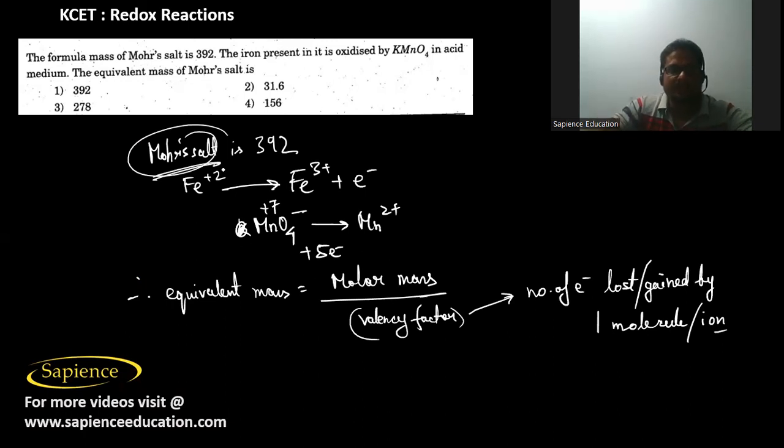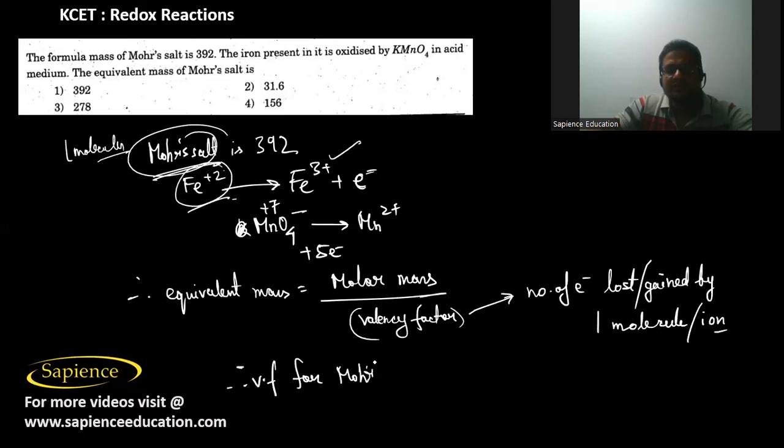So here one Fe2+ ion, or one molecule of the Mohr's salt, has to lose 1 electron only, so that the iron in it gets oxidized from +2 state to +3 oxidation state. So therefore the valency factor for Mohr's salt in the acidic medium is 1 only.